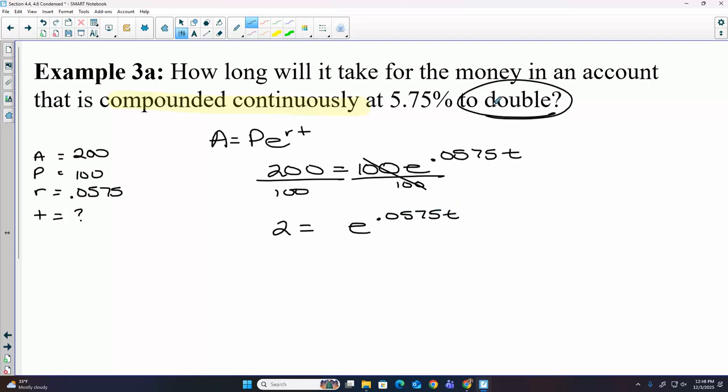then what would you do? So the natural log of 2 equals, a natural log and an e cancel. We divide.